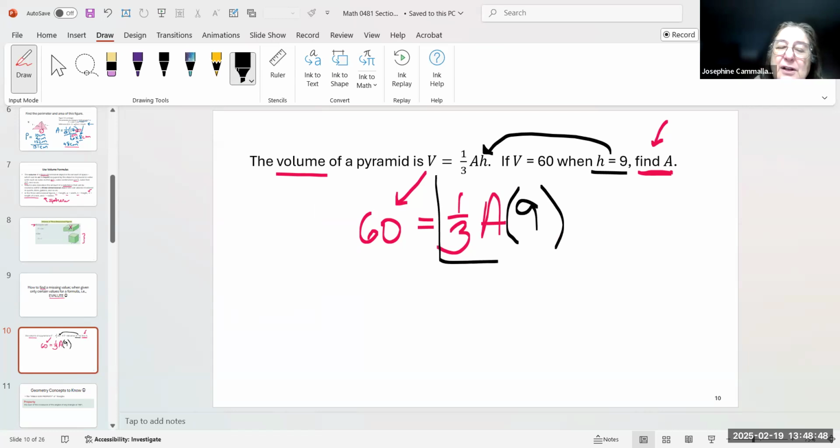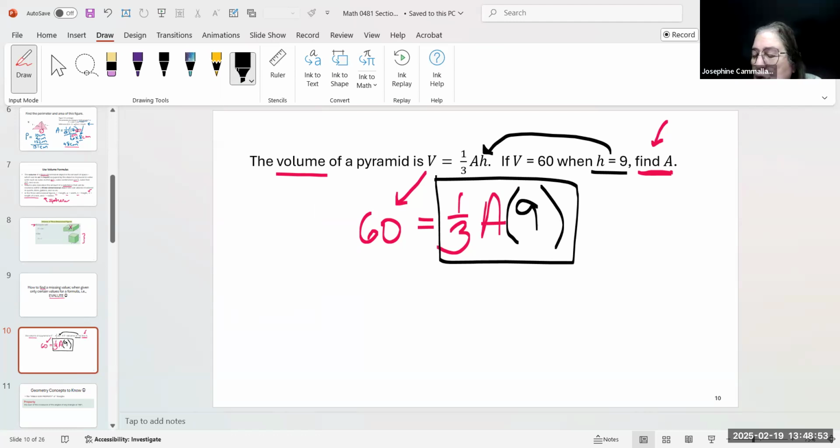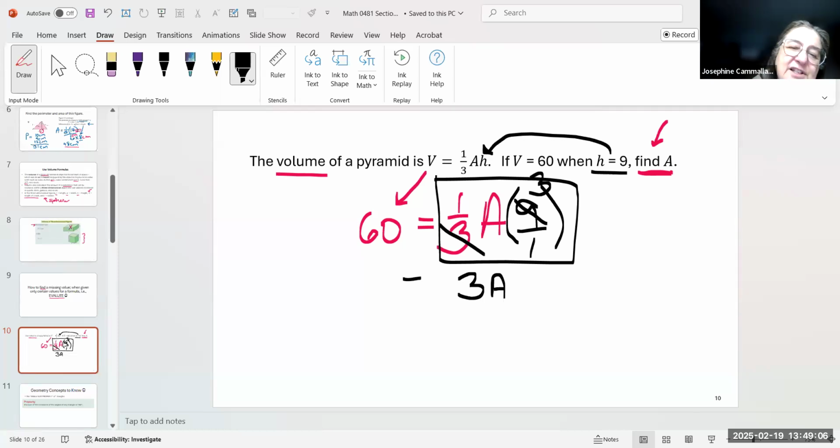Well, first off, we want to do this. Remember that lovely thing called combined terms? 1/3 times 9 is 3A. This 3 is cross-canceling, and this is going to give me 60. And I'm going to divide by 3.